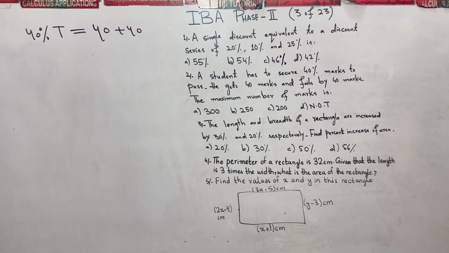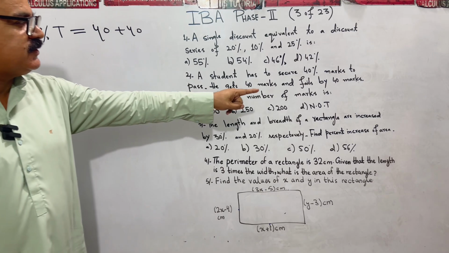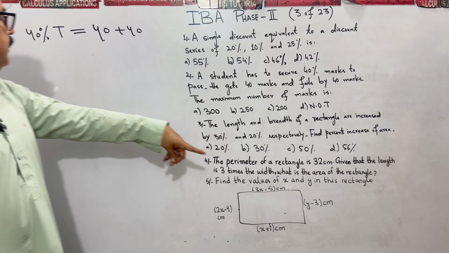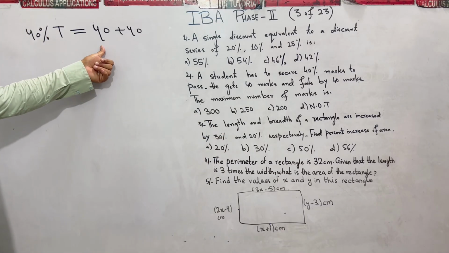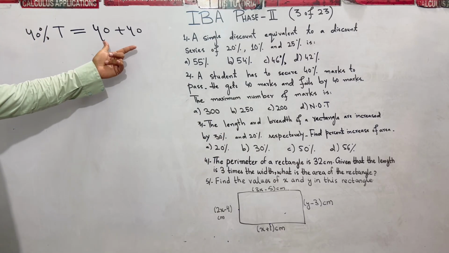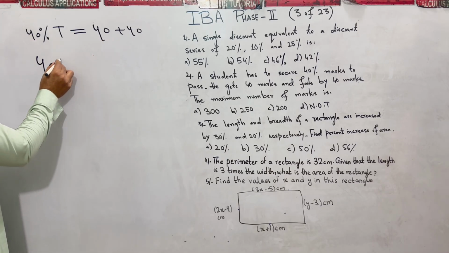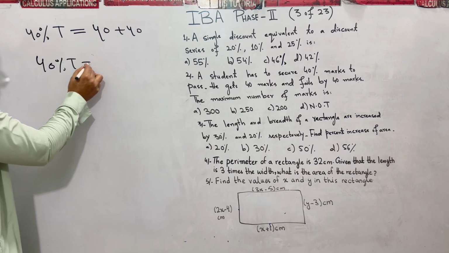Again, reconcile yourself with the question. 40% of the total is equal to 80.